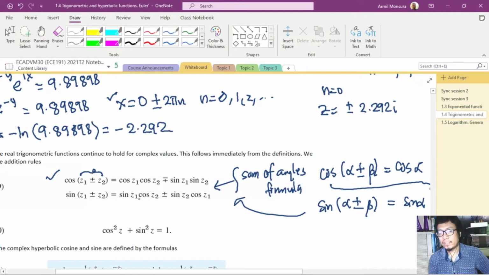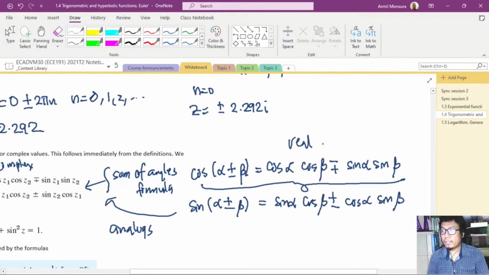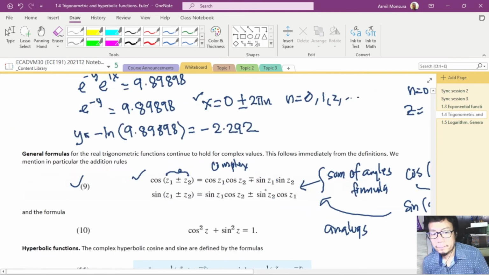The best that I can describe them is that they are similar, or analogs of each other, but they don't necessarily mean the same thing, because this side is true for the complex domain, while this one is true for the real number domain.